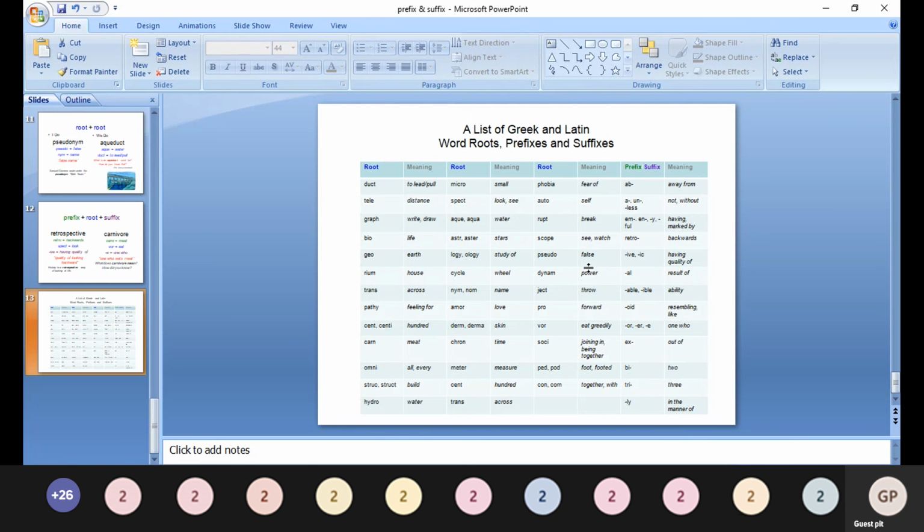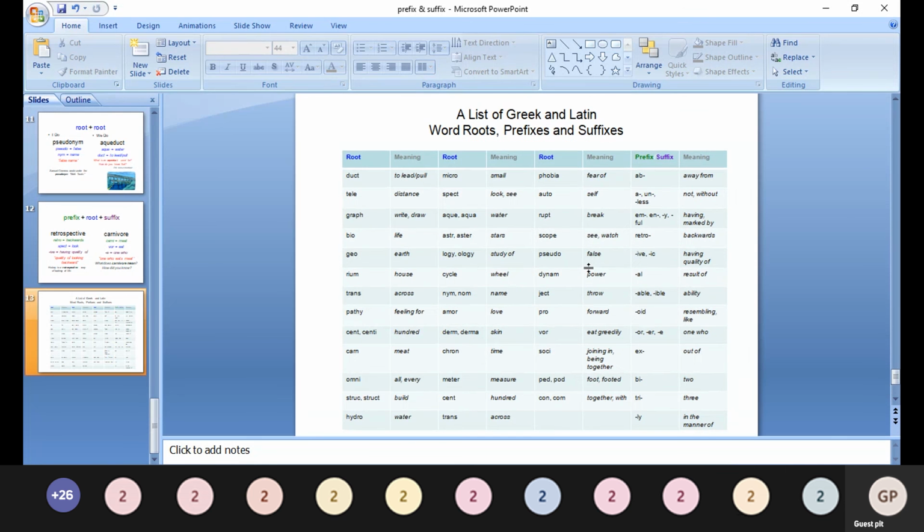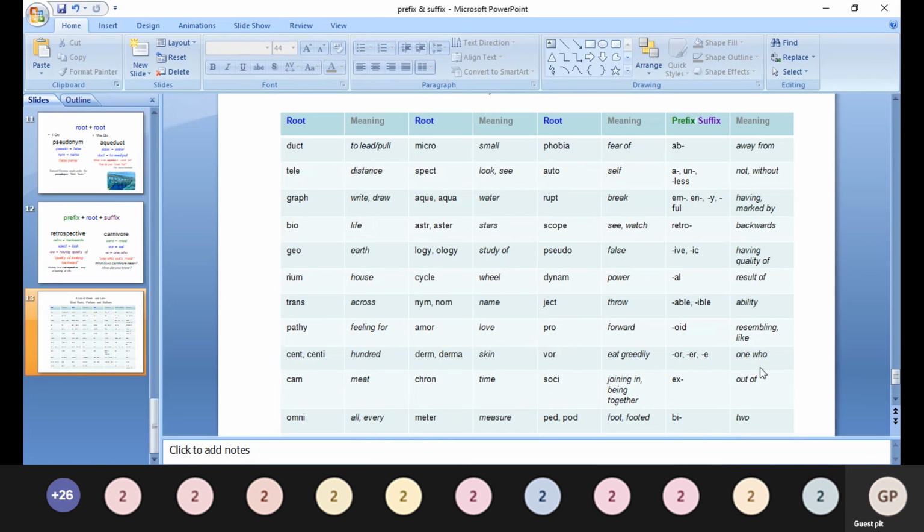Now you see there is a whole list of prefixes and suffixes you can see. Duct, to lead or pull. Tele is distance. Graph, write, draw. Bio, life. Geo, earth. Domus, house. Trans, across.